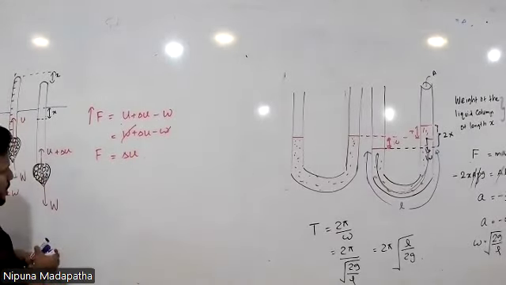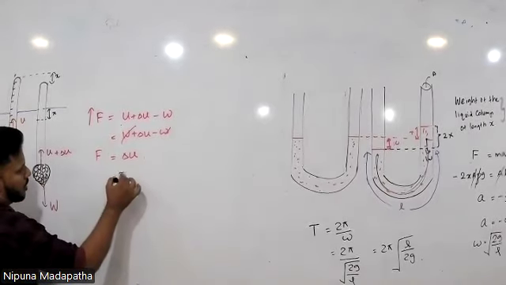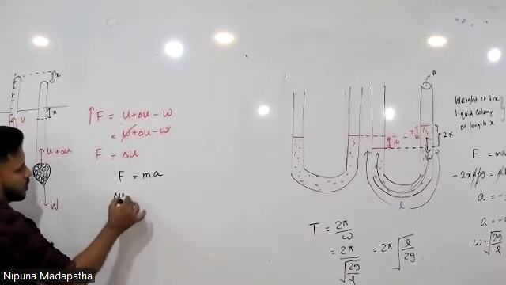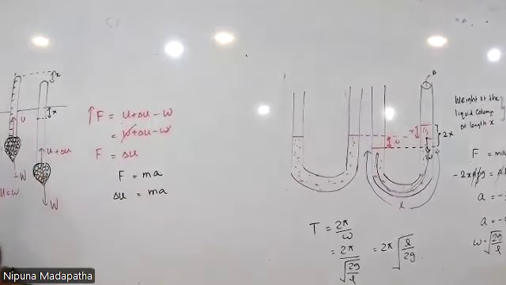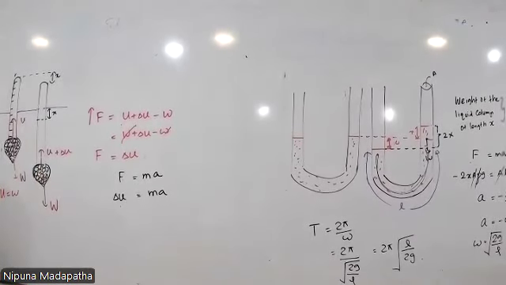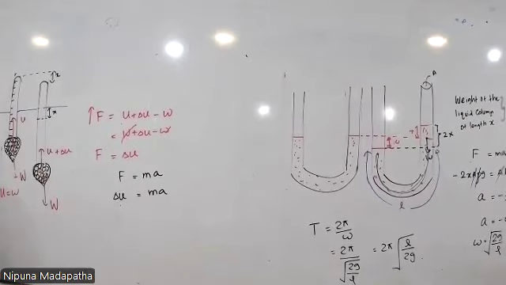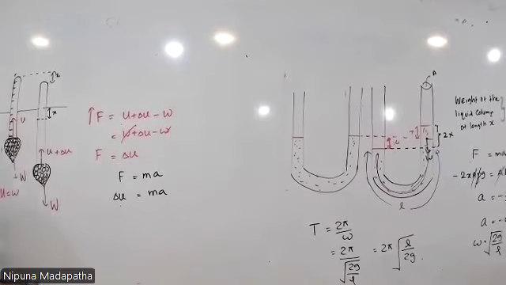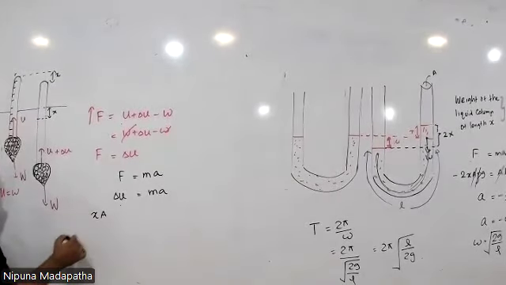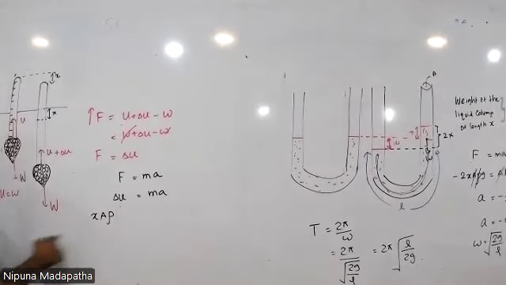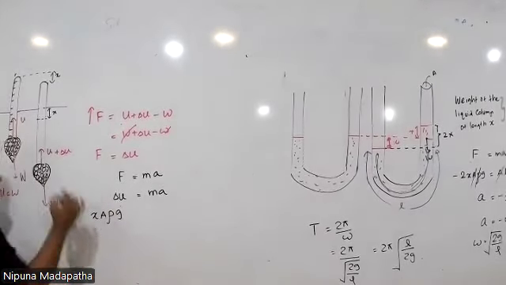Then again, like previously, apply F equals ma. Force is delta U equals ma. What is the excess upthrust? The excess volume is x times the cross-sectional area A of the tube, rho is the density of the liquid, times g.